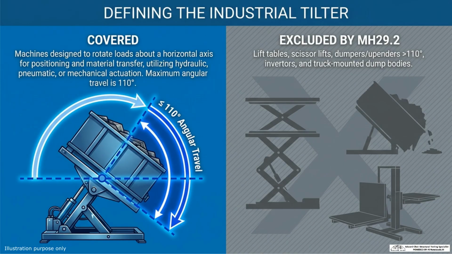Lift tables, scissor lifts, dumpers and upenders with travel beyond 110 degrees. Inverters, truck-mounted dump bodies. Understanding scope is step one in safety planning. If your equipment falls outside MH29.2, a different standard or a full engineering analysis applies.